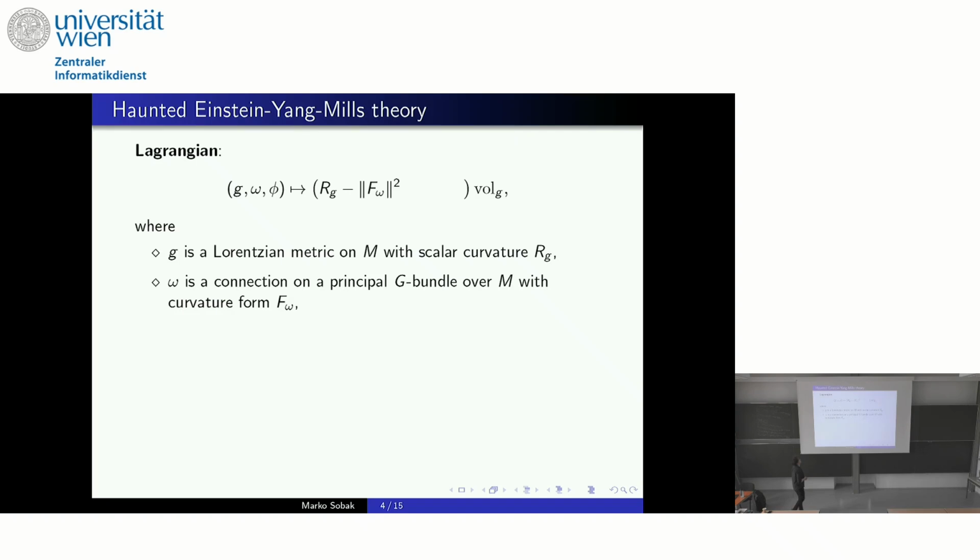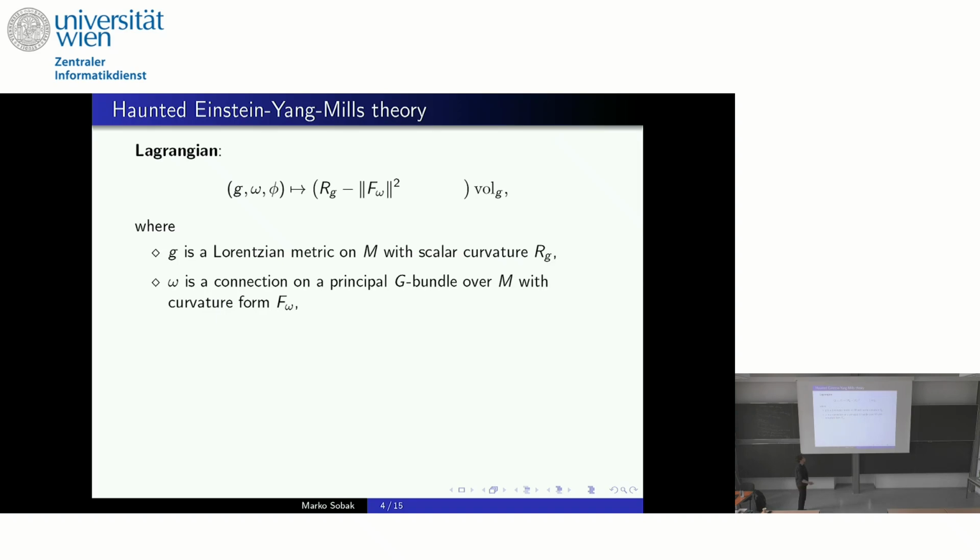The first is a Yang-Mills term. So omega is a connection on a principal G bundle, and F omega is its curvature form. I won't go into details about how you define these norms, but at this point this is what you would call the classical Einstein-Yang-Mills theory, which was well studied in the past.